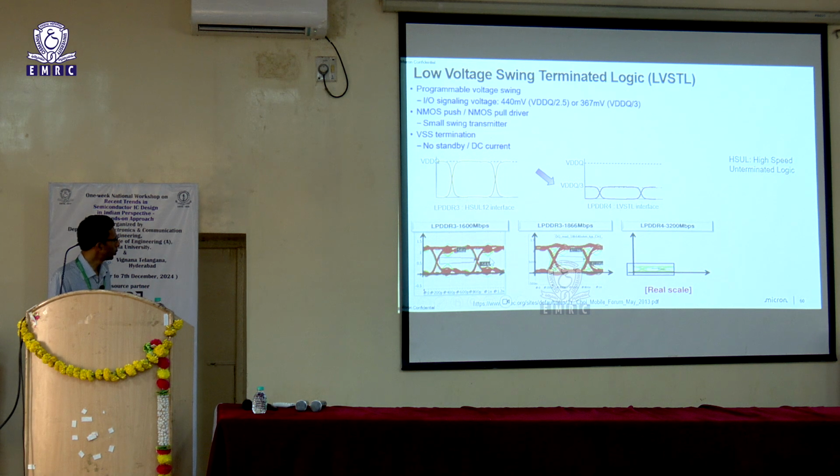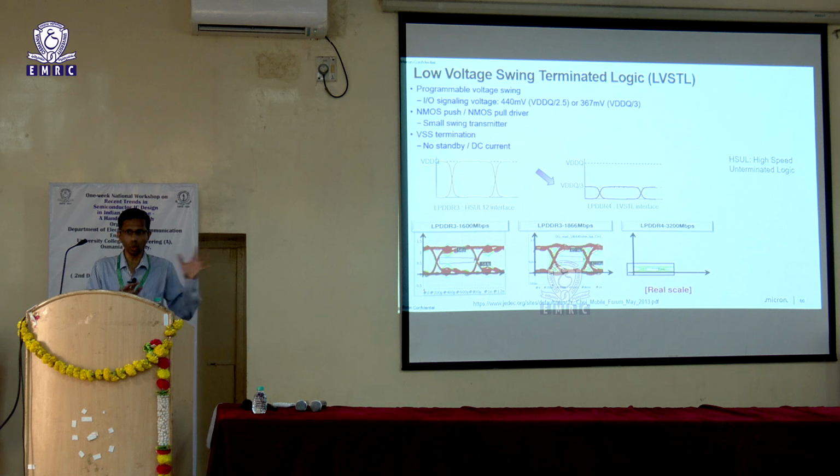Earlier systems went all the way to, say, 1.1 or 1.2 volt. Now your DQ's voltage swing is restricted to a very minimal amount, and that helps in lowering the power requirements. Low power is what you want, so you do not swing so much.